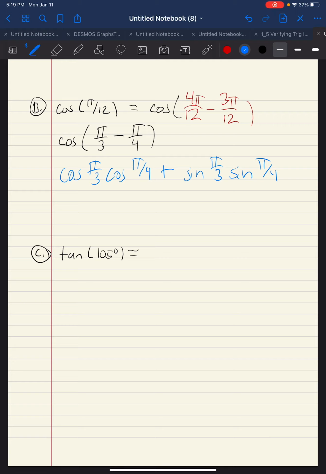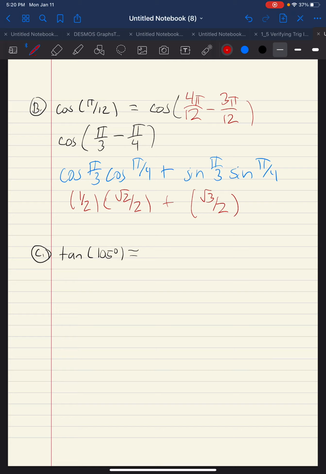Now that's a little easier to do with our unit circle knowledge. Cosine of pi over 3 is 1/2. Cosine of pi over 4, if you remember, is radical 2 over 2, plus sine of pi over 3 is radical 3 over 2.